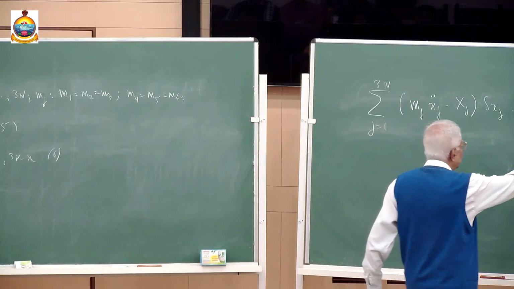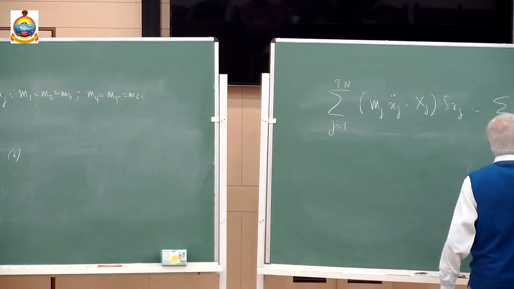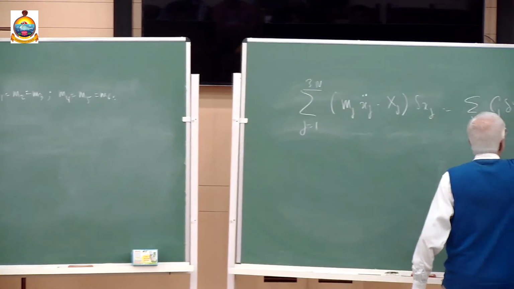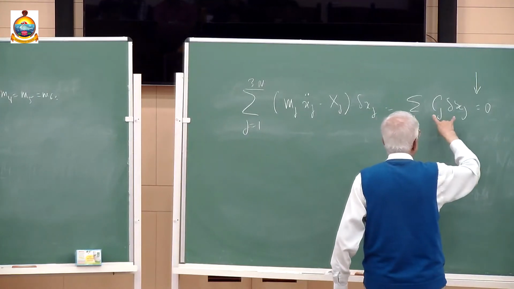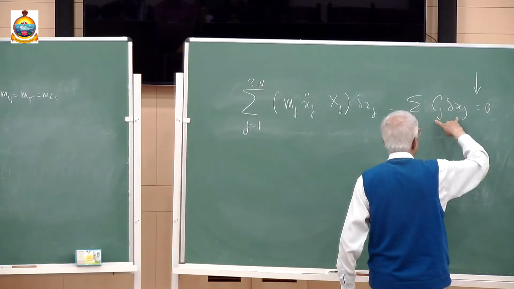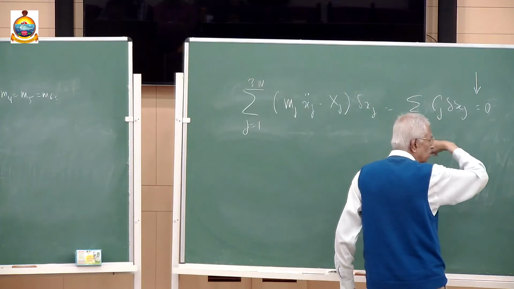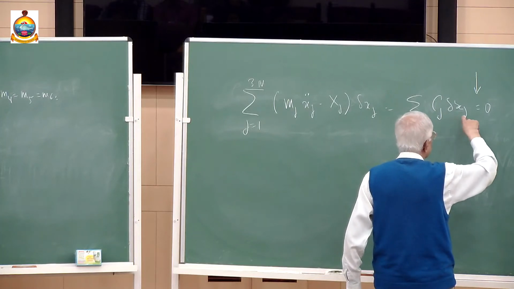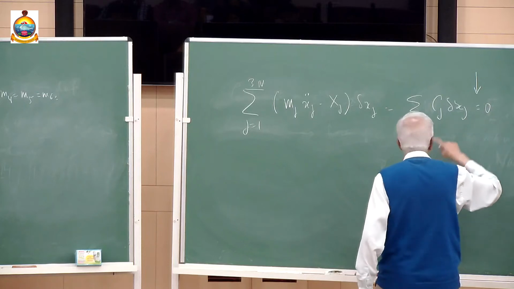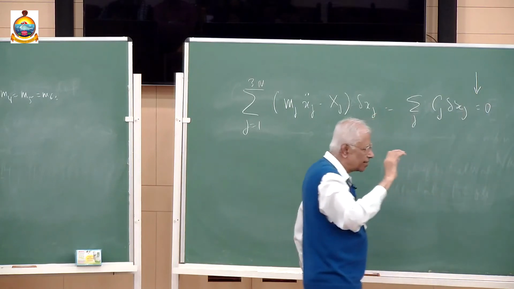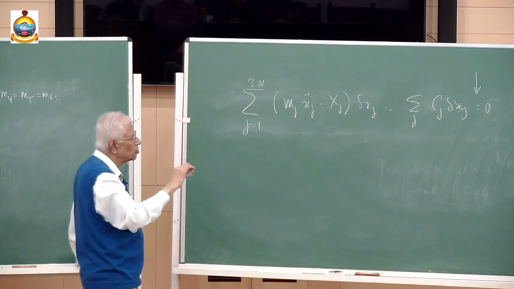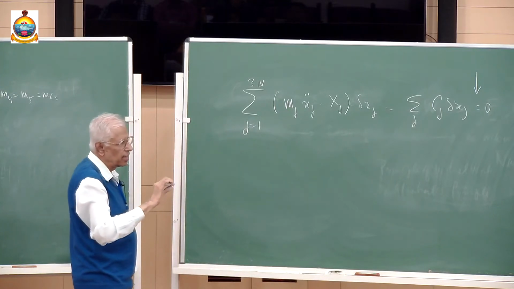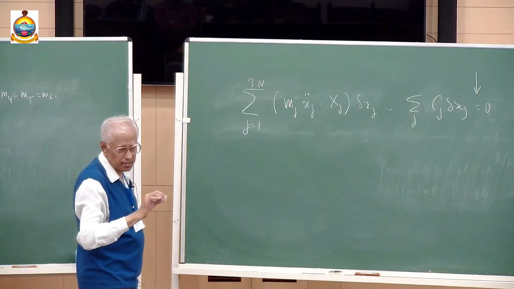So this is the physical fact. Maybe I just put an arrow here to indicate that the statement that the total work done by the constraints during actual motion, that the work done totally is 0, it is not a trivial statement. It is a physical fact, true in many interesting, important examples.